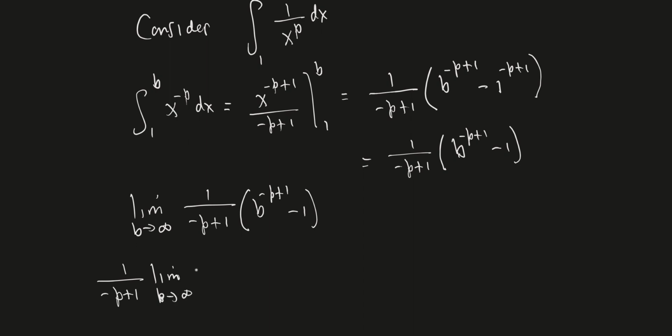As b goes to infinity of b to the negative p plus 1 minus 1. Now, what's going to happen is if you think about this, we have b raised to some power. If that power happens to be negative, then remember we would end up having the reciprocal, which would put the b in the denominator, and then we would have 1 over b, and that b would be going to positive infinity.